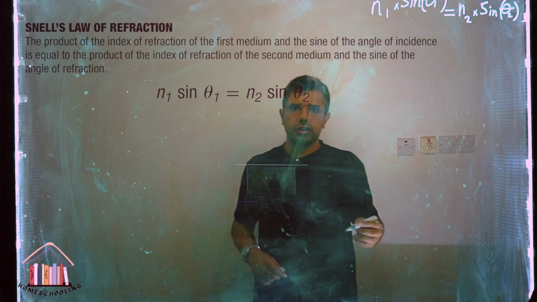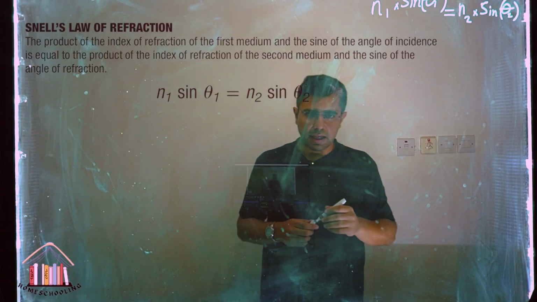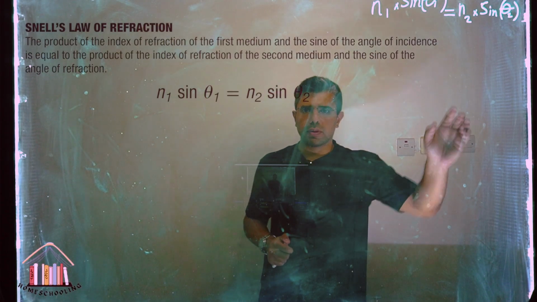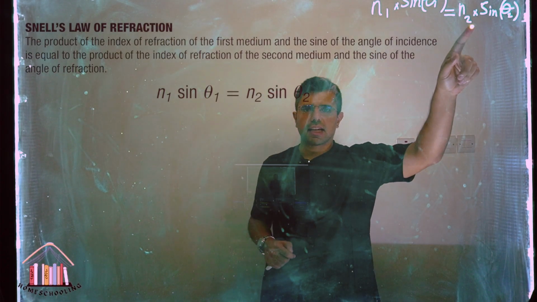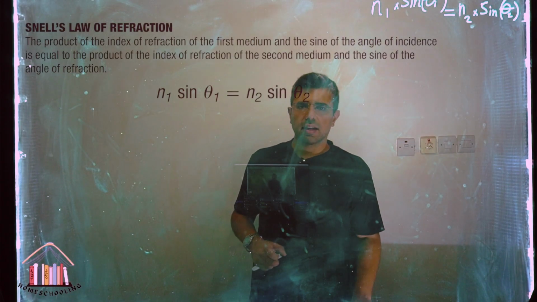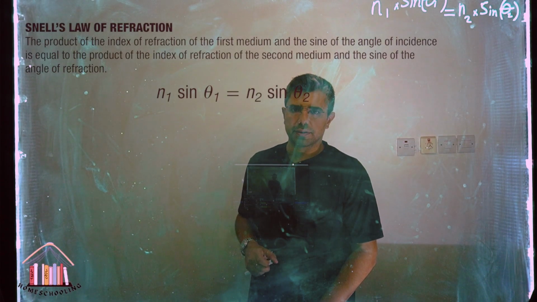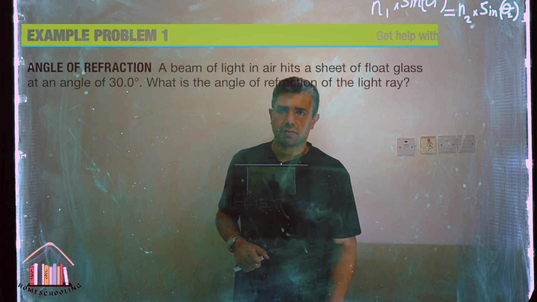Let's write it here at the beginning, because we'll use this equation in the application. Again, n2 is the index of refraction in the second medium, and θ2 is the angle of refraction when crossing the boundary or surface.